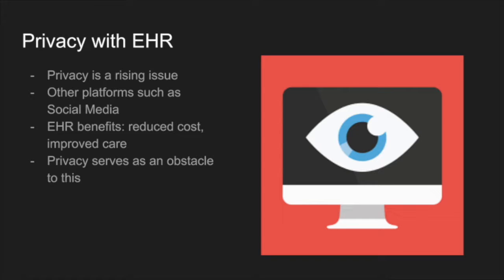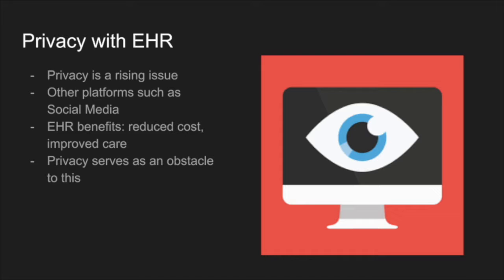So, as stated in the article, one controversial topic around electronic health records is the user's privacy. I think that privacy in general is a recent issue that has been popping up, with things like Facebook and social media. But to me, it's interesting to see how it plays out in the medical field, especially with new technologies like electronic health records. Because as we know, electronic health records have many benefits, including improved care and reduced cost.